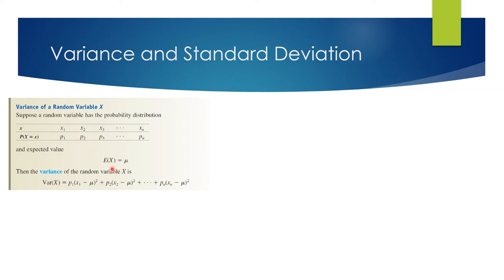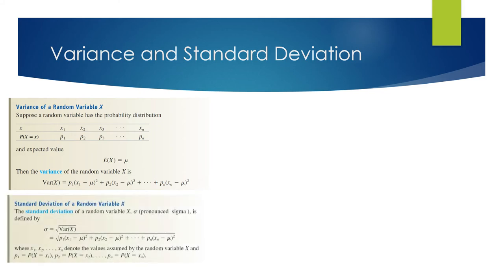I have P1, which is my probability, times the score, but that score is being subtracted from the mean. So I'm trying to figure out how far each of these scores tends to deviate from that mean, and eventually that helps me figure out how stable this data is.